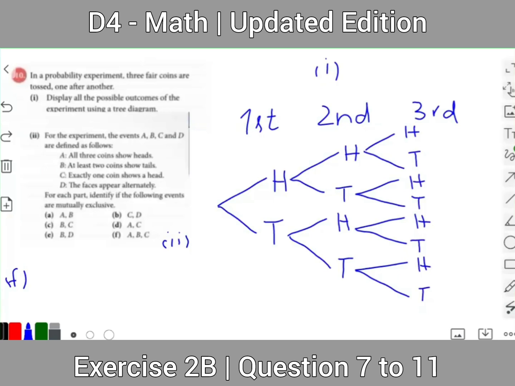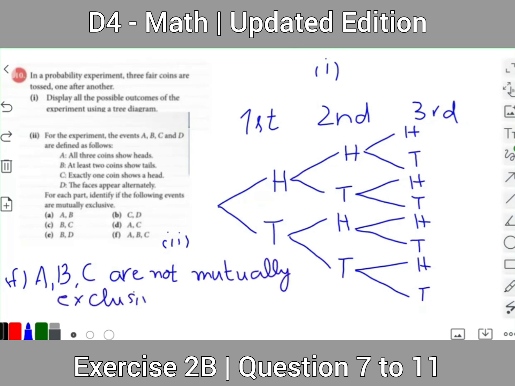Now, in part F, we have A, B, and C. Since A, B, and C are not mutually exclusive, have a look at the events A, B, and C. The event A is all three coins show heads. The B is at least two coins show tails, and the C is exactly one coin shows a head.